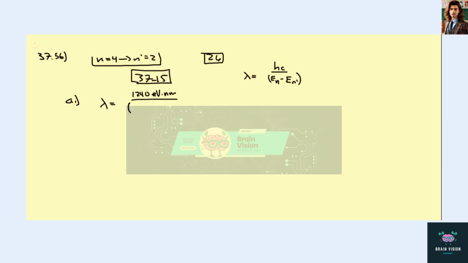If we look at the Balmer line for hydrogen, E4 is negative 0.85 electron volts. This is all in figure 26, right by the problem or earlier in the chapter. Then we need to subtract off our E2. What is the energy of the n equals 2 level? That's negative 3.4 electron volts.